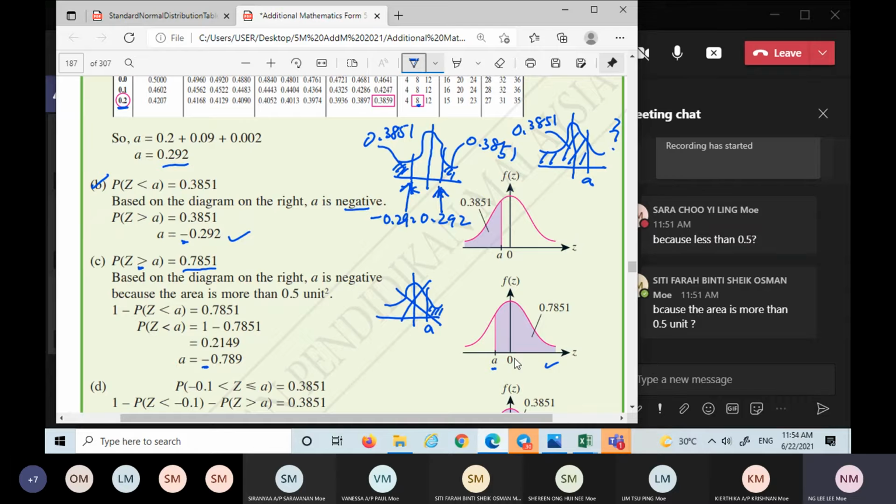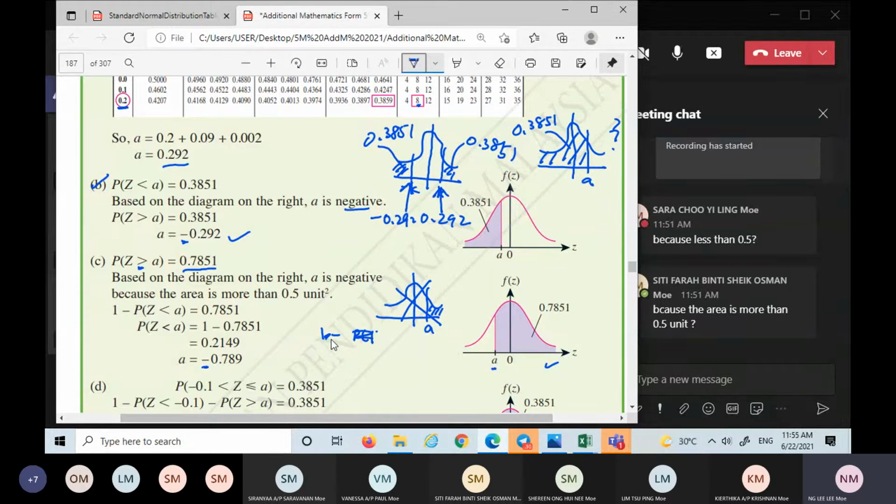Now how to read this? You see here this is right tail, but the problem is I don't have a value for a negative. So how am I going to do it? Now you have to think how you can get this 0.7851. You can do 1 minus this piece, and you get this.